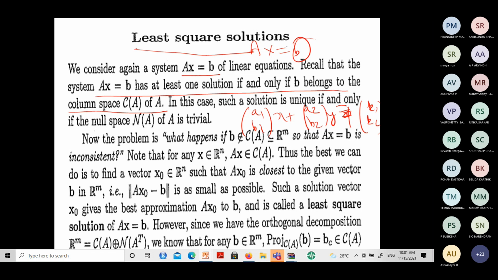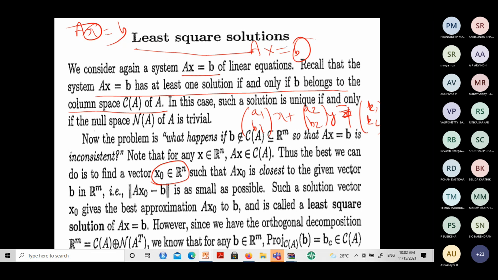It does not have a solution. So the best way what we can do is we need to find a vector x naught in R power n, so that I need to solve this here. So I need to solve for x. But the thing is my B is not in the column space. So the system becomes inconsistent.